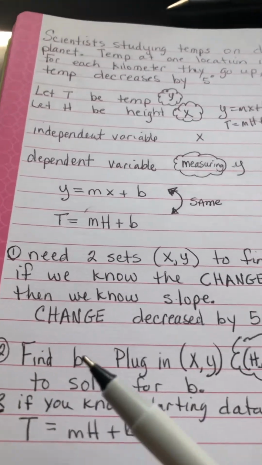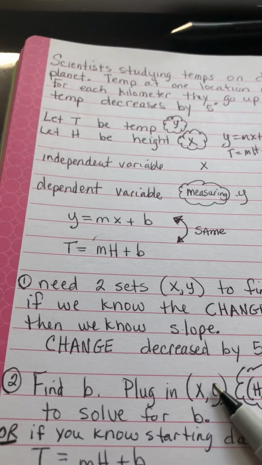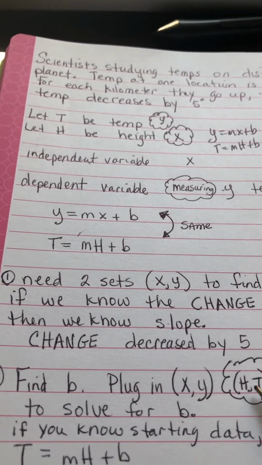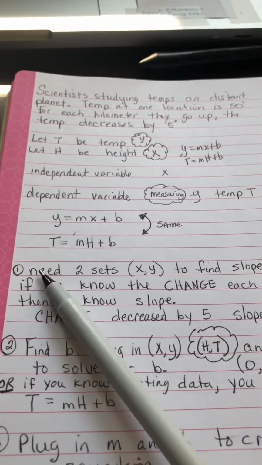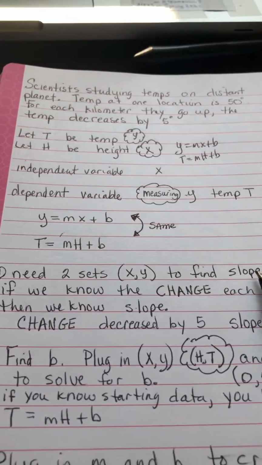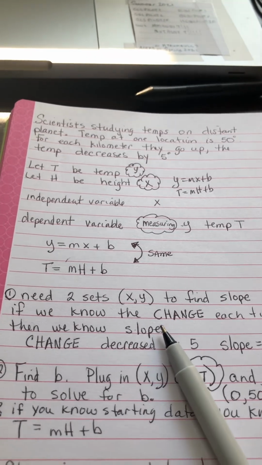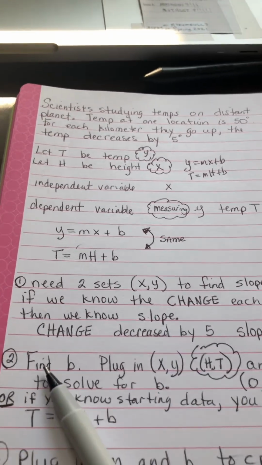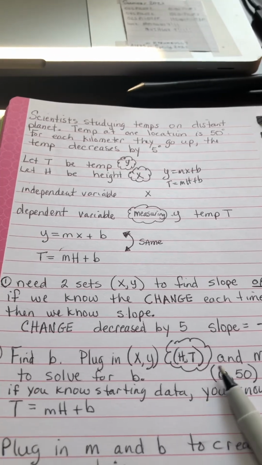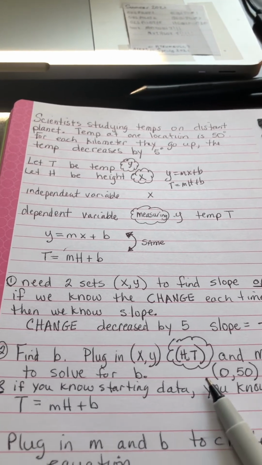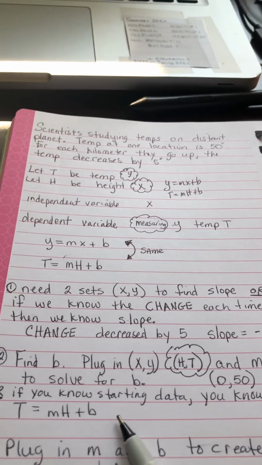Now normally, you have to plug in a set of coordinates to find that b value unless they give it to you. Just like in step 1, you have a method, but if we already know the answer given to us in the information, that's great. In step 2, you have a method to find the y-intercept, but if we already know the data, then now we have b.